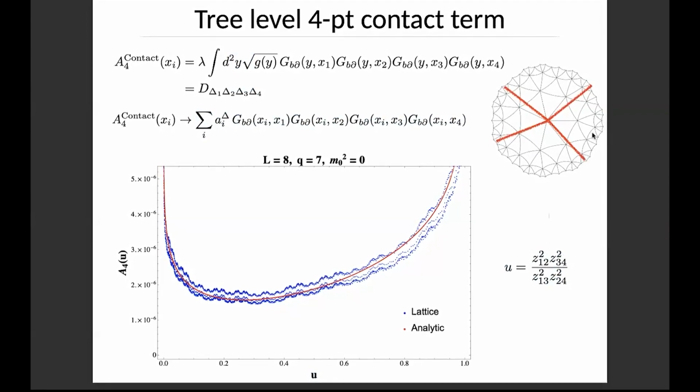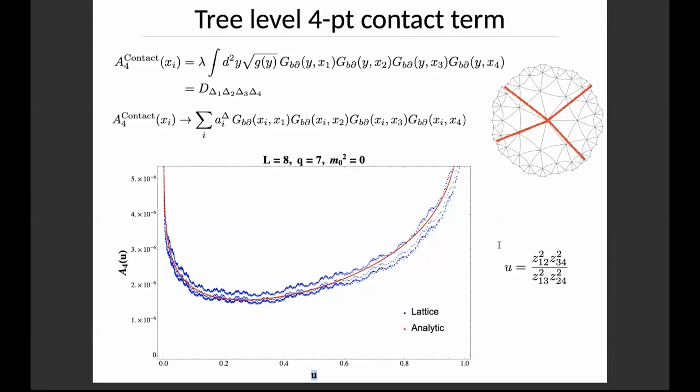Basically, if you fix 3 of these points here, like this one and this one, and then you take this point, start right here, and scan over this entire region of the boundary between this first point and this last point, you will go over the entire domain of u here from 0 to 1, right? This is what's known in conformal field theory as a cross ratio. That's just an aside, but that's where the domain comes from in here.